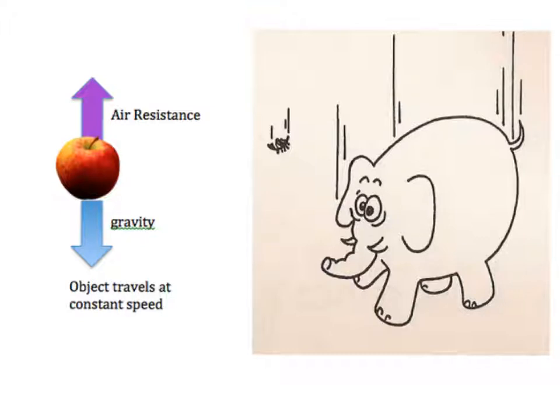Air resistance is the reason that this feather would fall at a different rate and fall more slowly than other objects. There is so much surface area on that feather that it creates a tremendous amount of air resistance. In general, the more spread out an object is, the more air resistance it experiences.